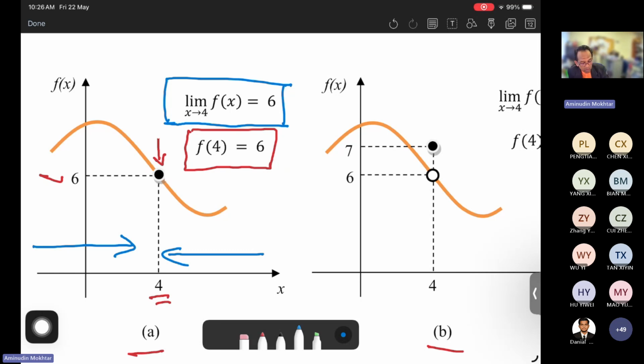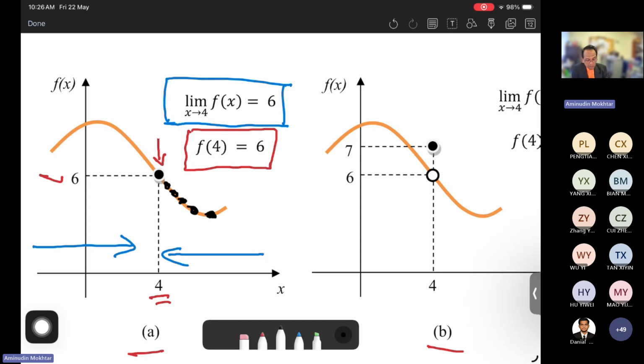When x approaches 4 from the right, what happened to y? We follow the line, the value of y. As you can see here, when x approaches 4 from the right, based on this line, the value of y will approach 6.